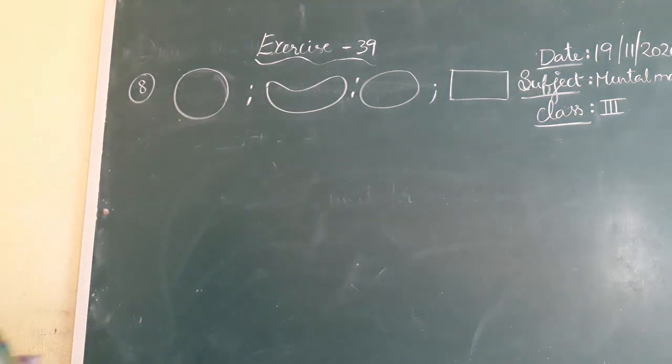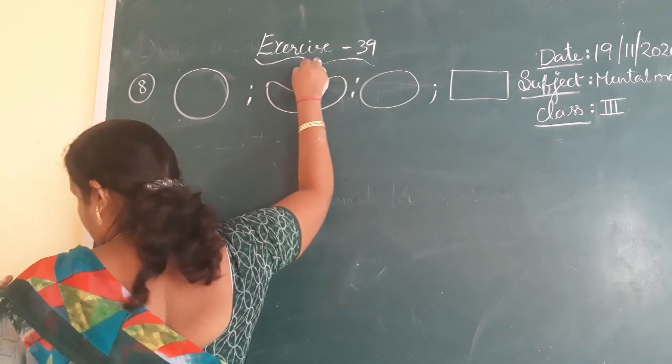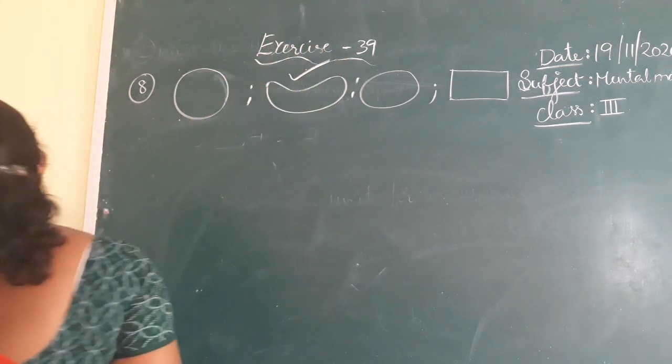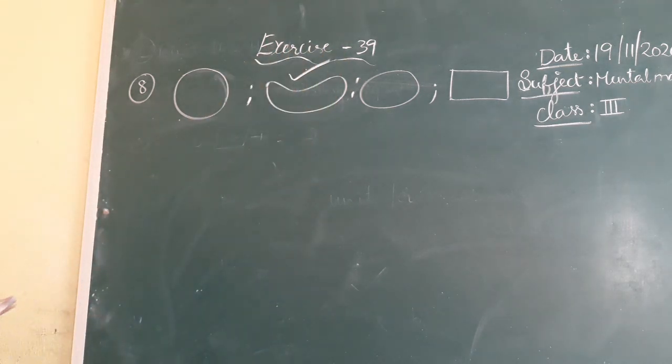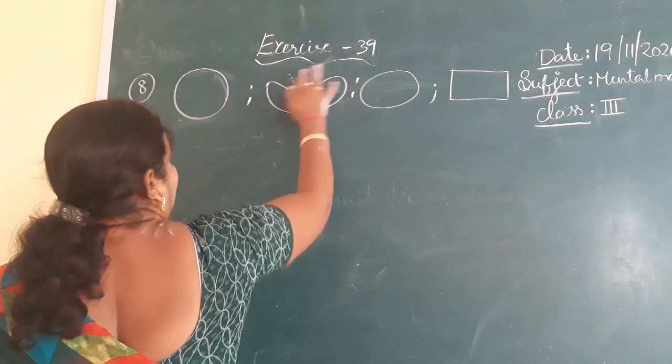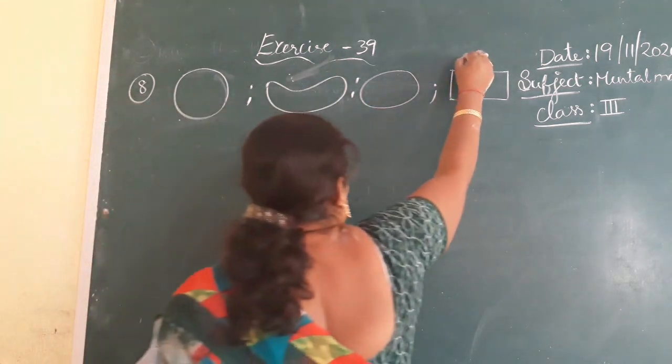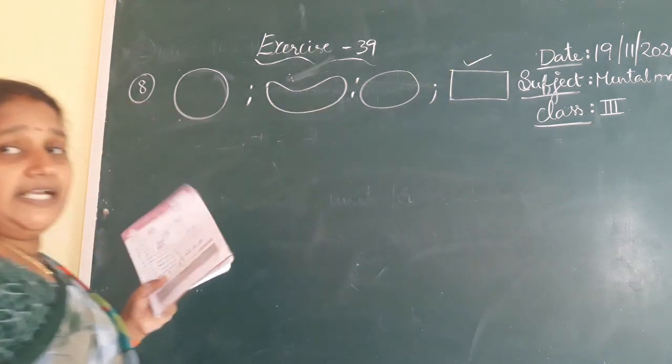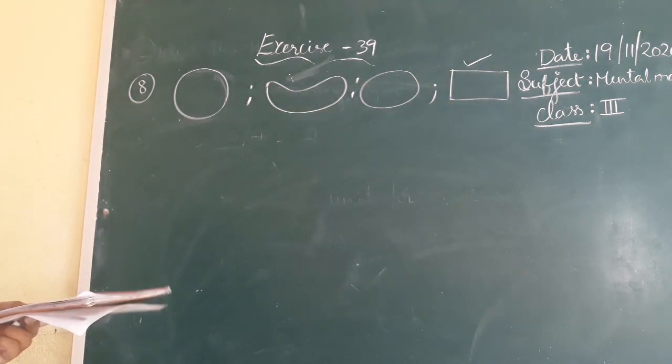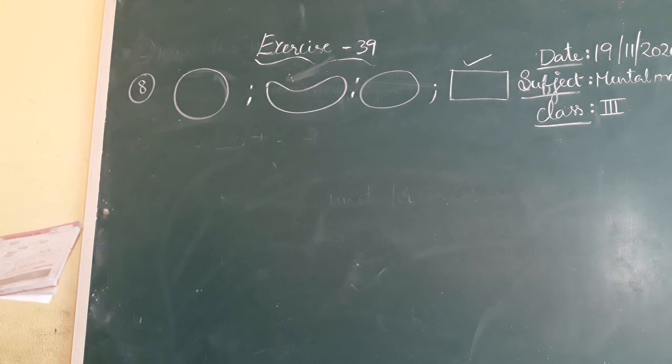They are asking which is the odd one out. All are regular shapes except the second shape. So tick the odd one out. This one is the odd one out. Remaining all are regular shapes. Or else, if you check the curved faces, these all have curved faces except this one. So you can tick this also. That has only straight edges and straight corners. So you can choose any one.